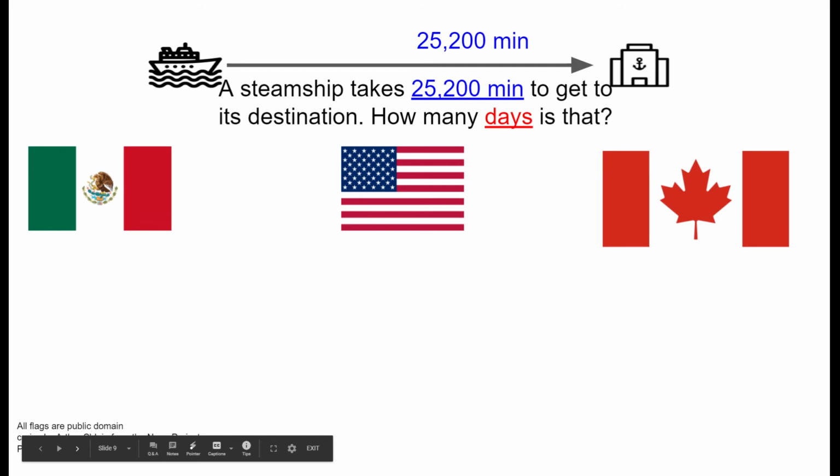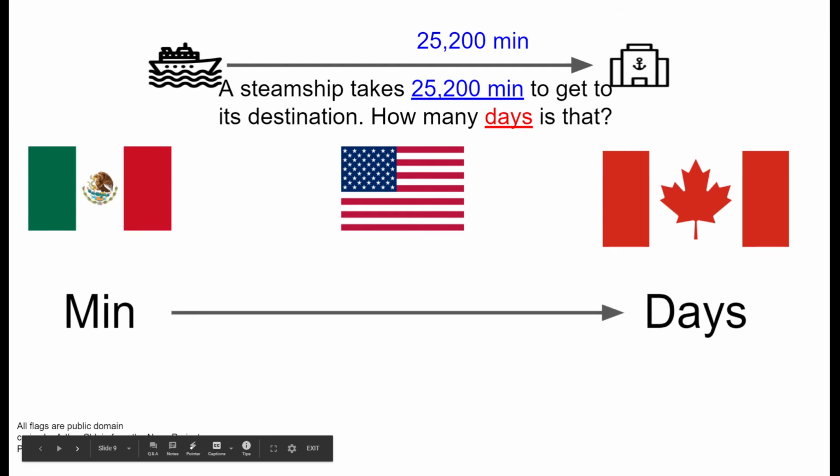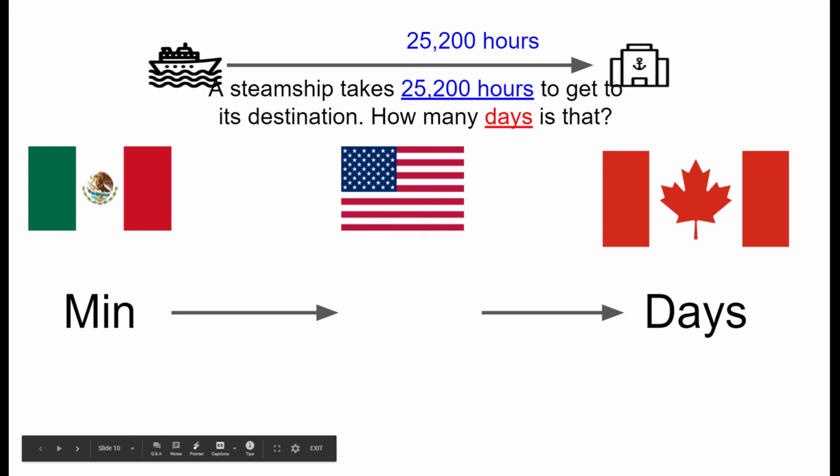Just like if we're converting between minutes and days, I don't know off the top of my head how many minutes are in a day, but I do know an intermediate unit that I can use. So instead of having to look up minutes to days, we can look for a unit in the middle, just like the ship would be going by the US in the middle between Mexico and Canada. And that unit is going to be hours.